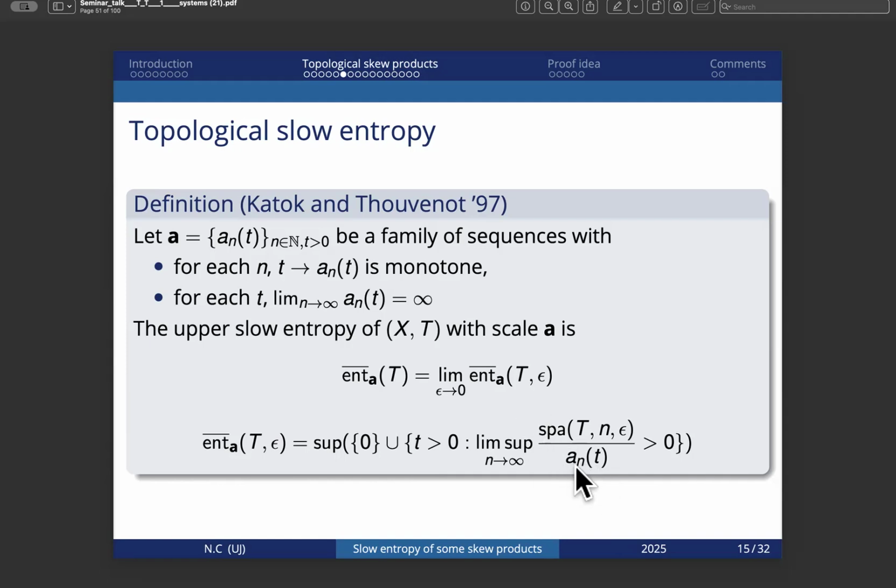When you take n to the 1, it will grow slower, and so on. So there is a threshold exactly at n to the 2. So if you compute the upper slow entropy of that subshift with that scale, you get exactly 2, which is the exponent.